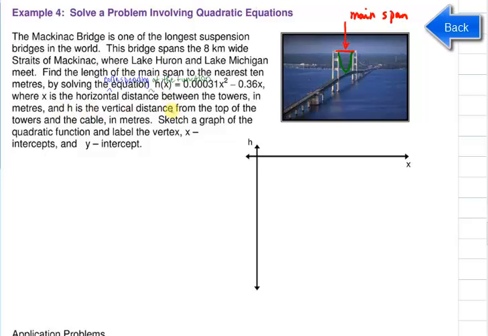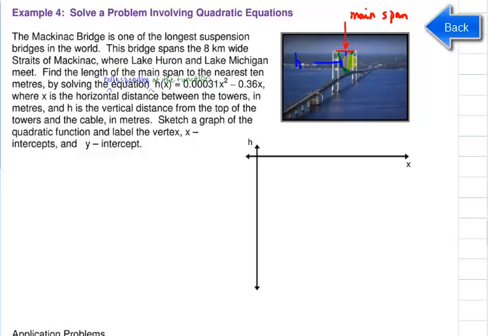The vertical distance then is from the top of the towers, so this red line, down to the cable. Okay, so that's h. That's your vertical distance. That's your up and down distance. And that can be, once again, anywhere between the top of the towers to the cable, so all the way along the whole length of the main span. Now, we're going to use our graphing calculators to determine the main span of the bridge, okay?